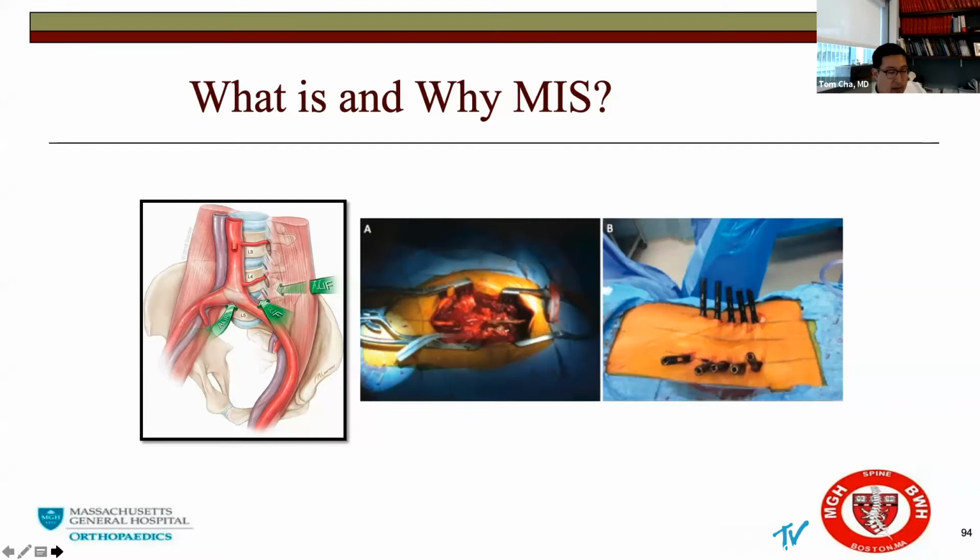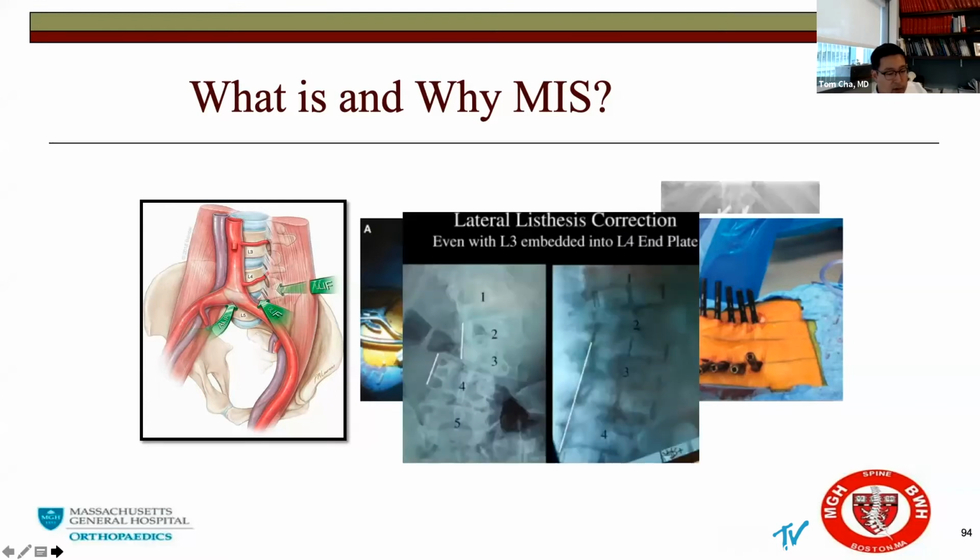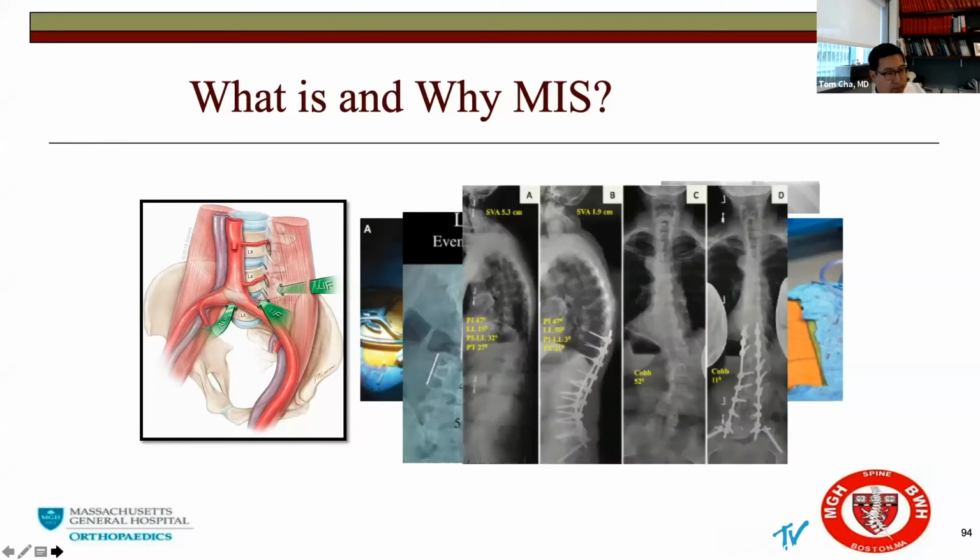So using these kinds of techniques, there is a surgical strategy of either a circumferential, all-MIS surgery, using percutaneous posterior fixation, or MIS plus open posterior options, which we generally call hybrid type surgery.